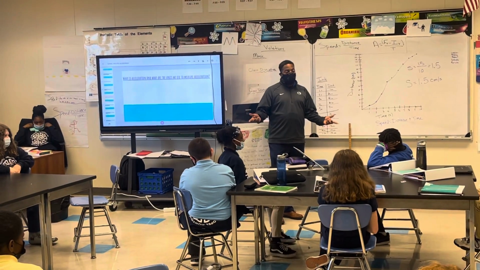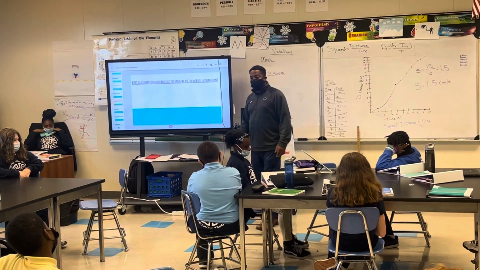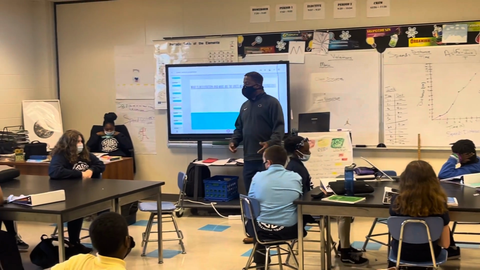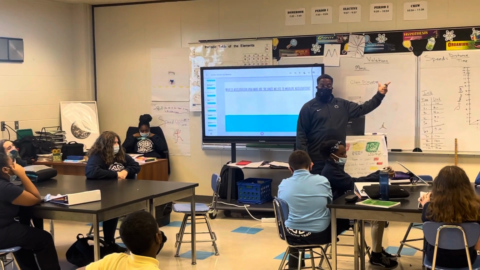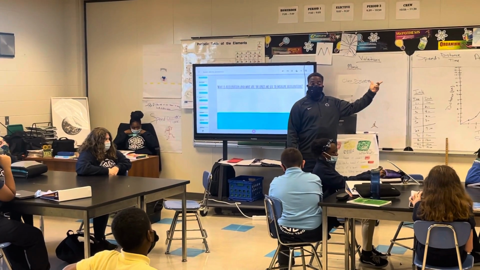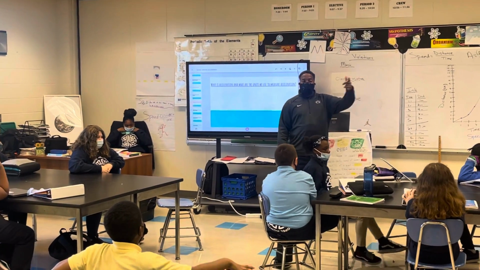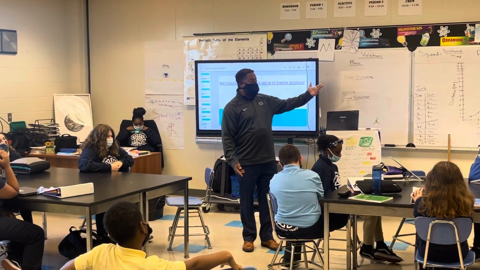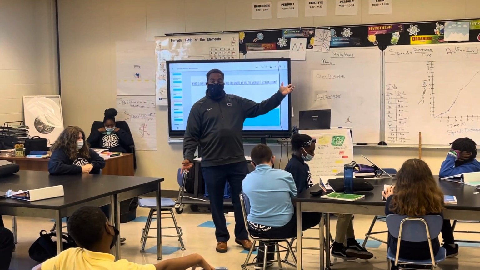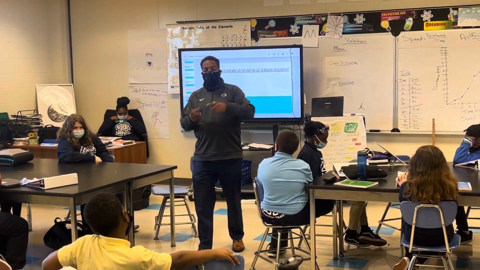So what would be Kareem's acceleration? 0 minus 10 is how much? Negative 10. Negative 10 divided by the time of 10 seconds. So negative 10 divided by 10 is what? Negative 1.